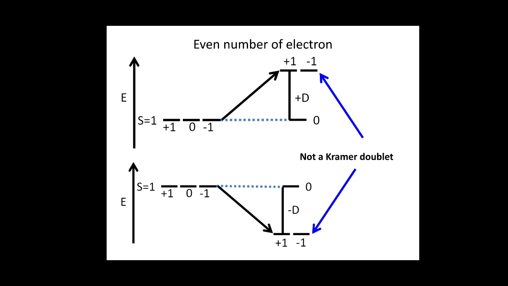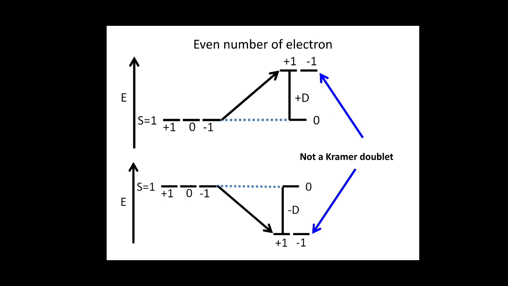Anyway, I don't want to confuse you more, just think that there are two D terms, a positive D term and a negative D term. Now what is the effect of that? If you have a positive D term, the lower level remains 0 and the upper level goes to +1 and -1. And if you have a negative D, the +1 will go down and -1 will also go down, 0 will remain intact.